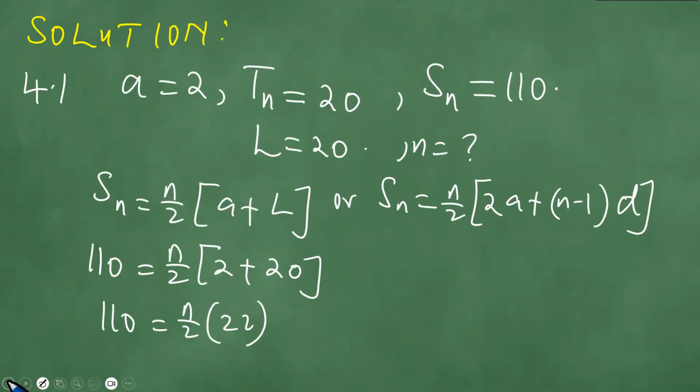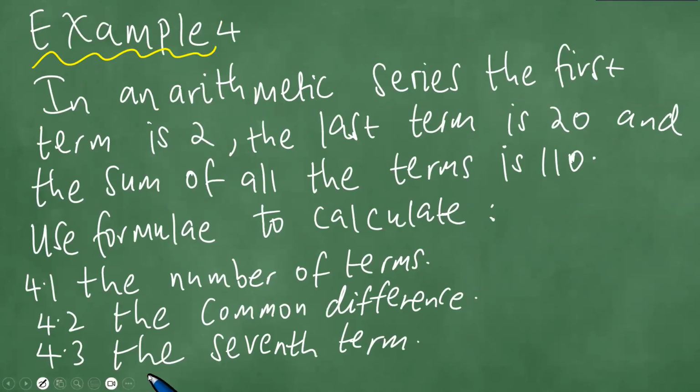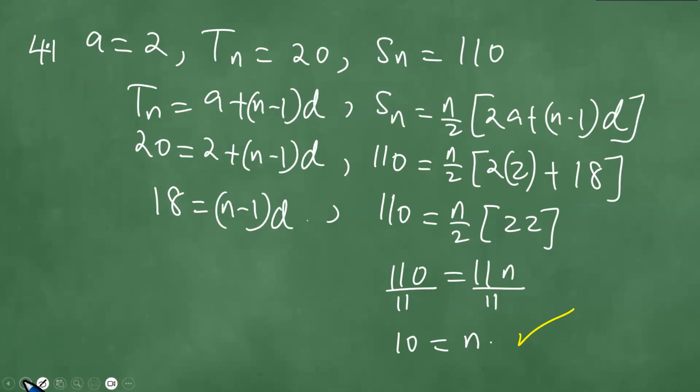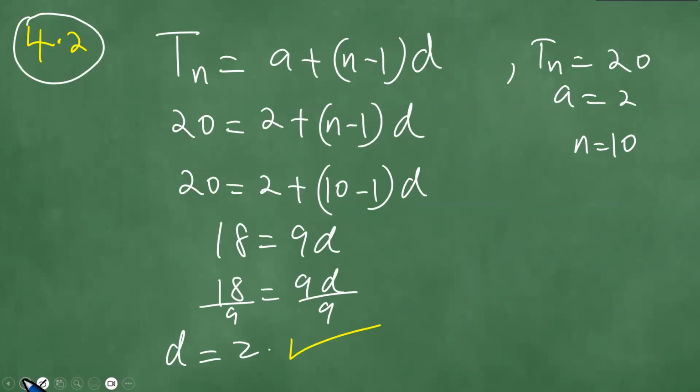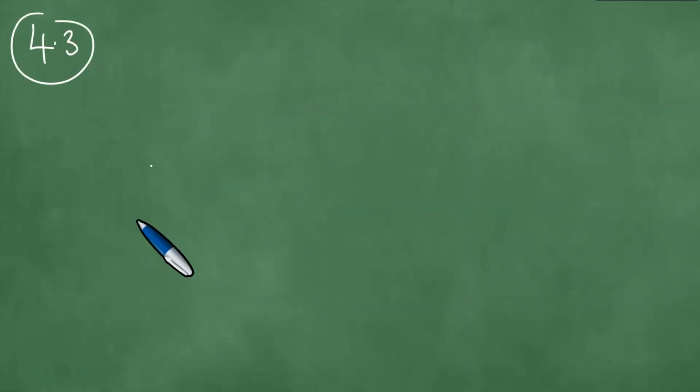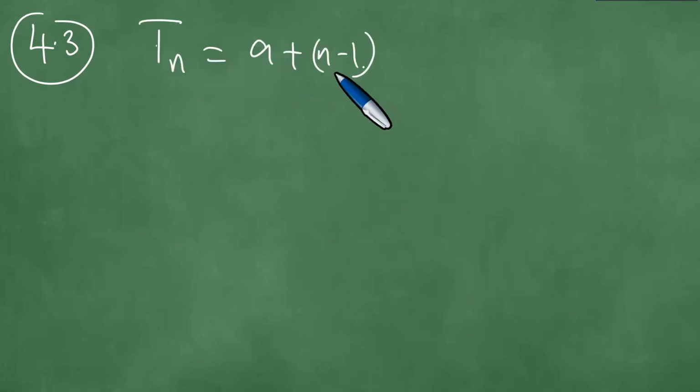4.3. What is 4.3? The seventh term. Meaning we need to find term number 7. Which is what? Tn. So we use Tn. We first write the formula. We're looking for the seventh term.